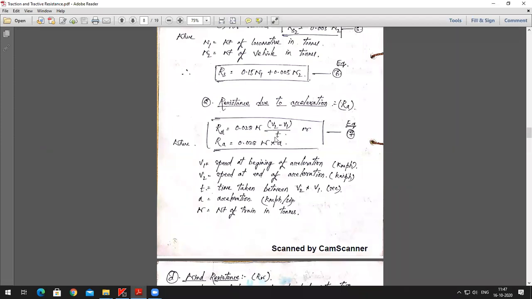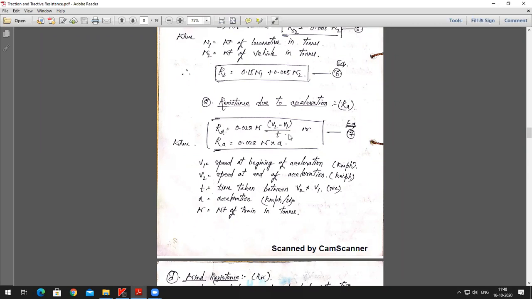T would be in terms of seconds. So that is the time taken for the vehicle to travel from speed 1 to speed 2. So from the beginning of the acceleration till the end of the acceleration, or when the acceleration has become constant, that is the time that you need to consider. So Ra is equal to this. This is the generic equation.